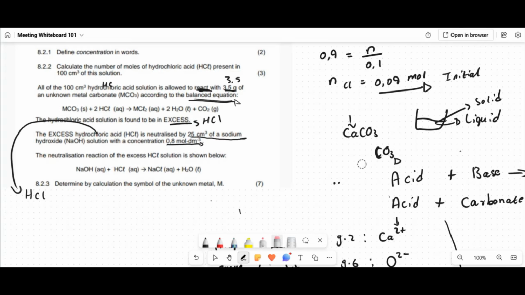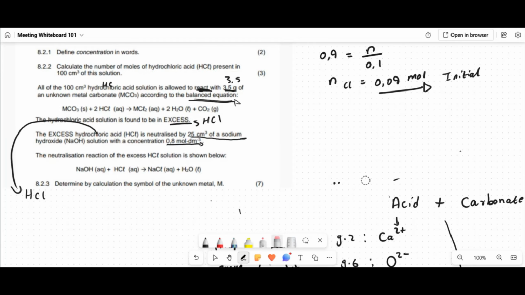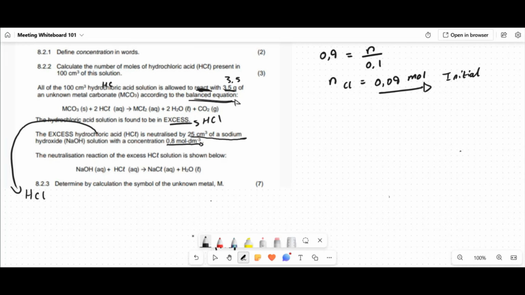Okay, let me remove this. And then you are given the reaction. I want to talk about something now. I want you to look at my reaction number 1 and reaction number 2. In both reactions, you have HCl. In the first reaction, your HCl has reacted, but it was the excess. Excess is the one that has been left, which means it was very strong.